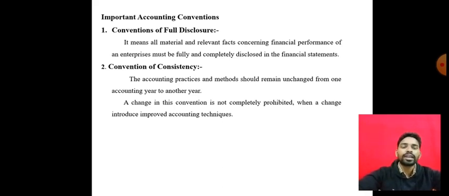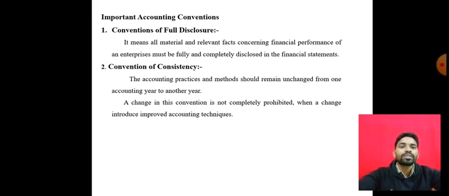Whatever transactions are taking place in the business are recorded in the books of accounts, and after recording, while preparing the financial statements, they should be disclosed in the financial statements. It will be useful for the users of accounting information, whether internal users or external users.